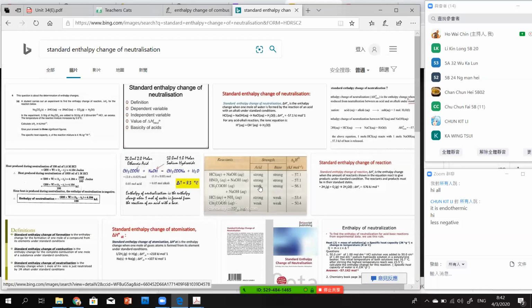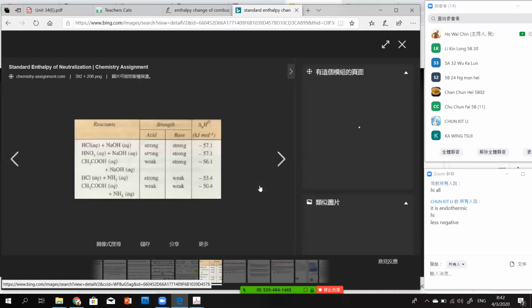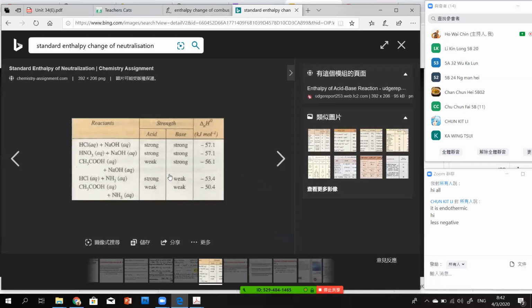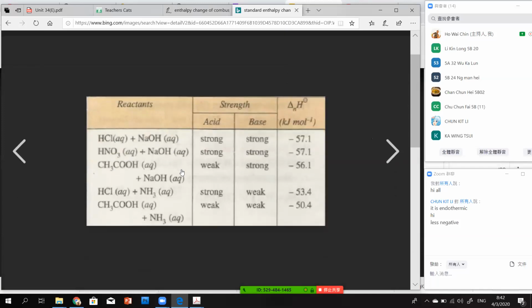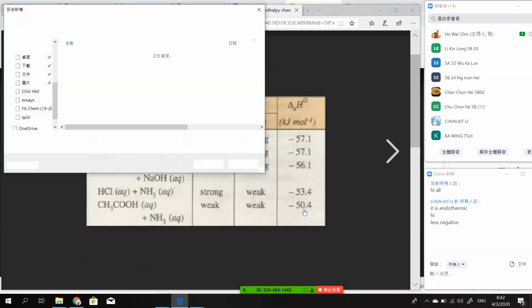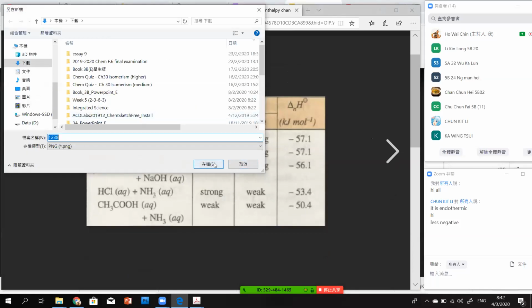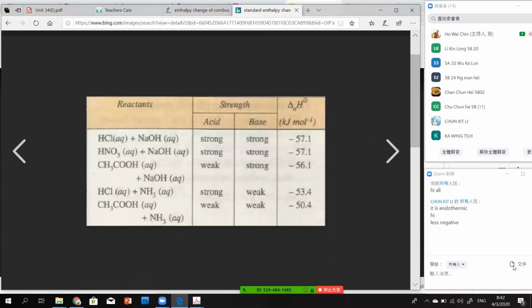We've got some data like this. Could you please capture this for your further use? So this is what you may know about this one.